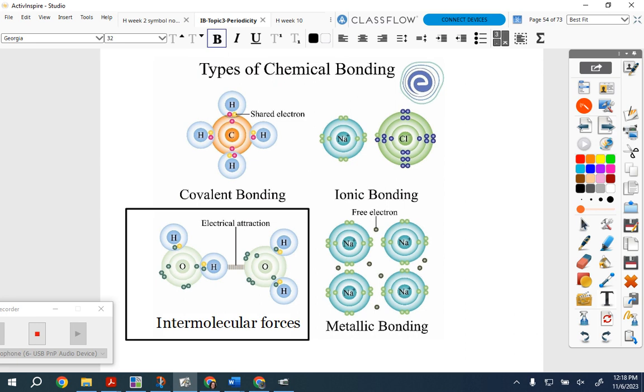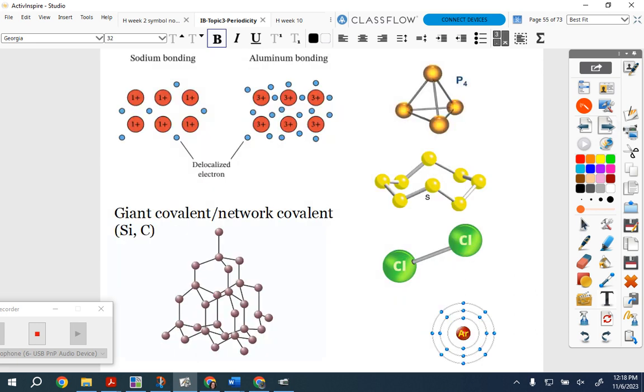Okay, so we have to think about all of these things together in order to understand the last couple of periodic trends. And this is just some pictures of sodium metal bonding versus aluminum metal bonding.